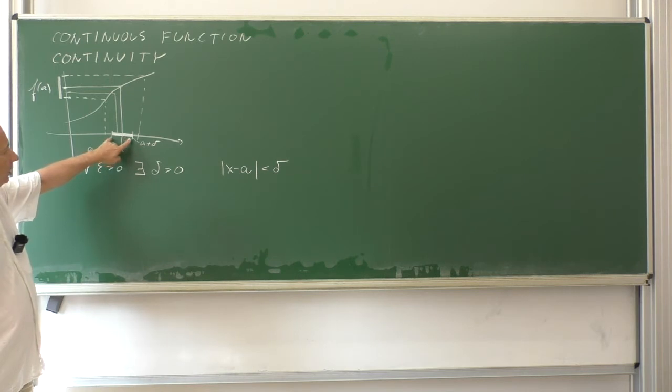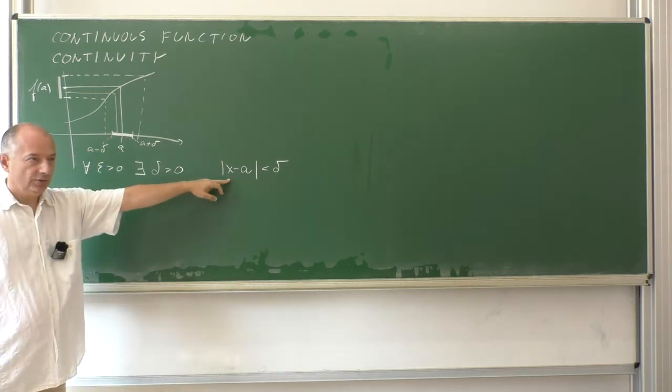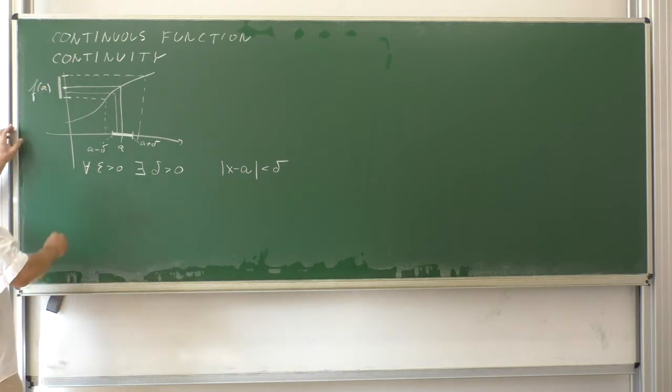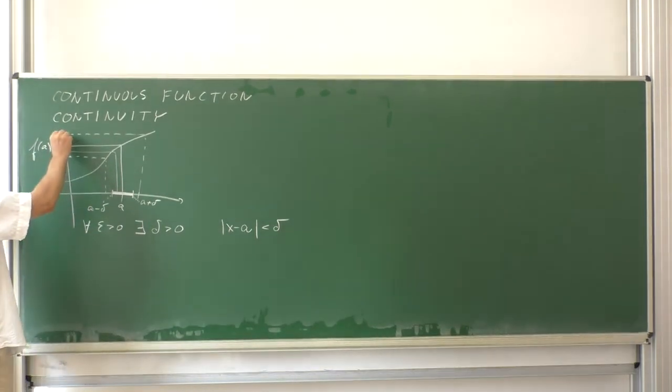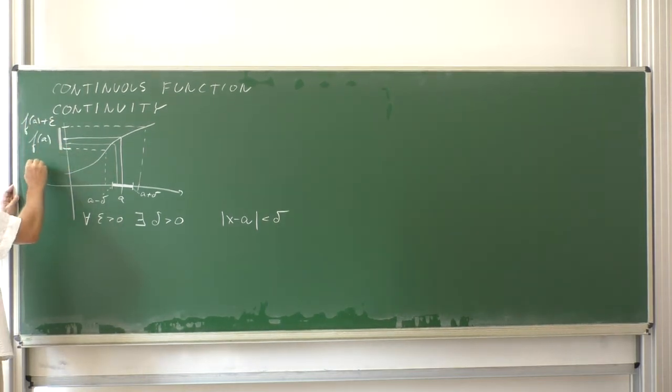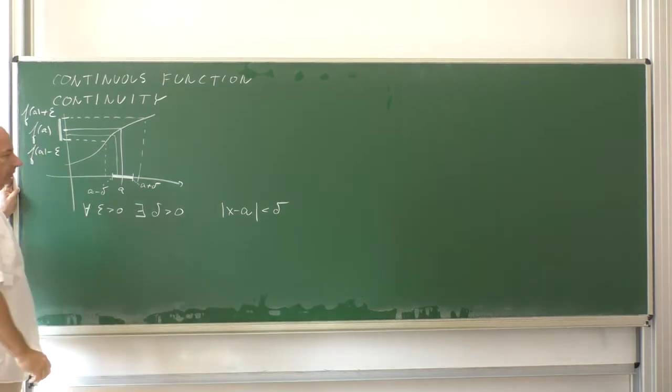So we want all these points, satisfying this condition, to give results in the epsilon neighborhood of f(a). So this upper point is f(a) plus epsilon, and this lower point is f(a) minus epsilon.